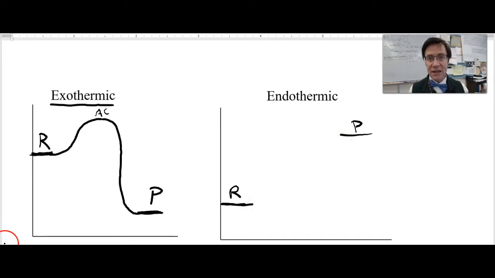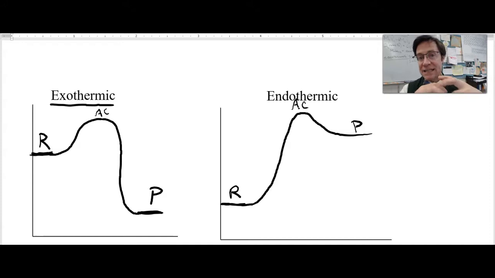Nope, it cannot be a straight line, because we have to form the activated complex, and pretty much no matter what, that activated complex is always going to be the highest energy point in the entire process. Here's where the activated complex lives, and the reason is that it's so super duper unstable that it always falls apart and forms something less stable than the activated complex. So that's what exothermic and endothermic look like when we draw out the potential energy diagrams.